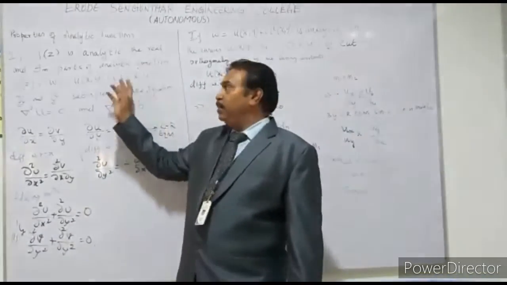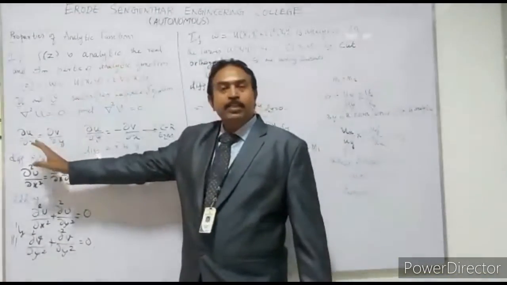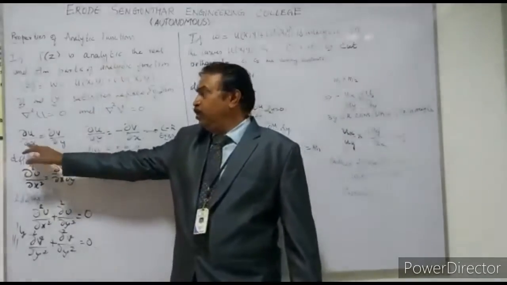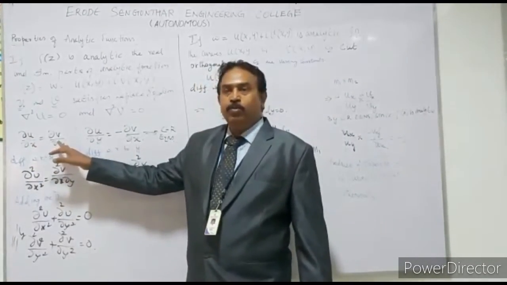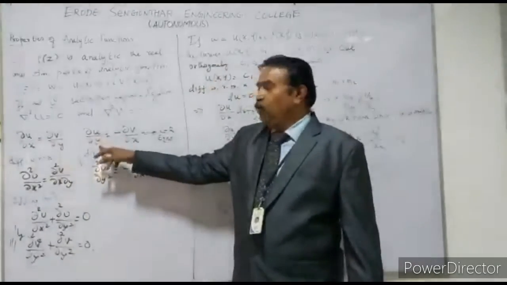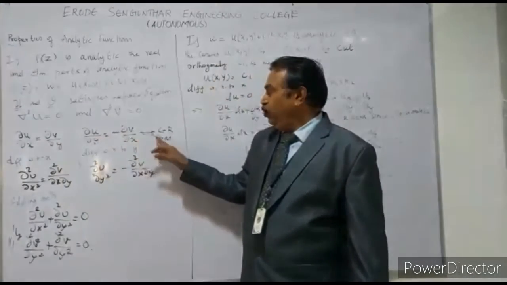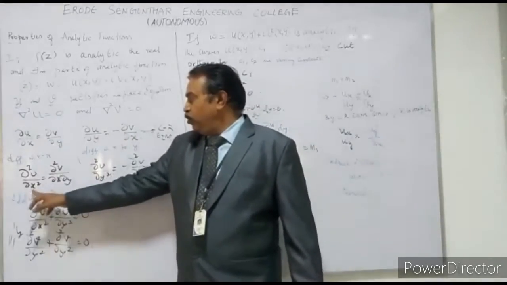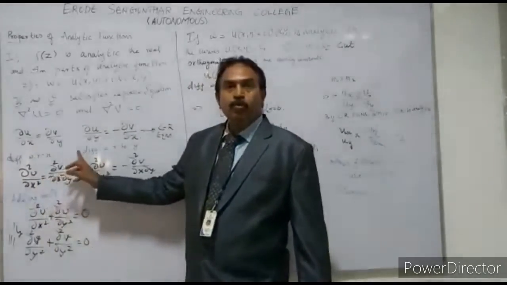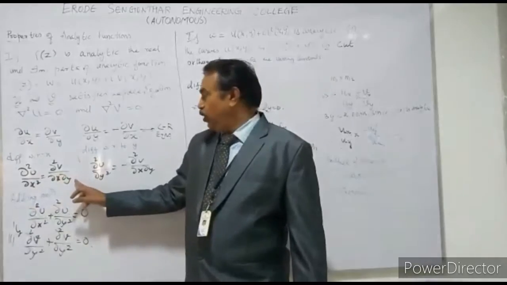We know that a function is analytic if it satisfies the CR equations. What are the CR equations? Dou u by dou x is equal to dou v by dou y. Ux is equal to vy and uy is equal to minus vx. So differentiating with respect to x, dou square u by dou x square is equal to dou square v by dou x dou y.